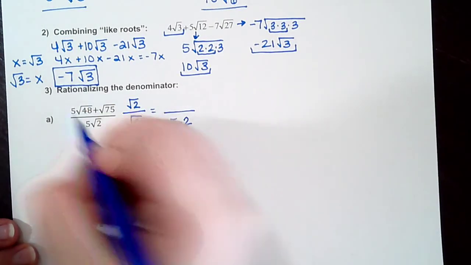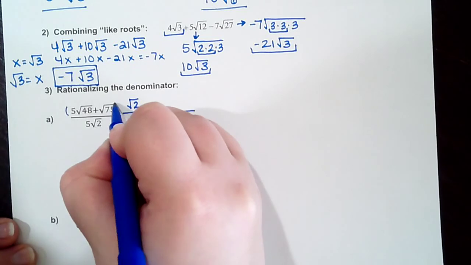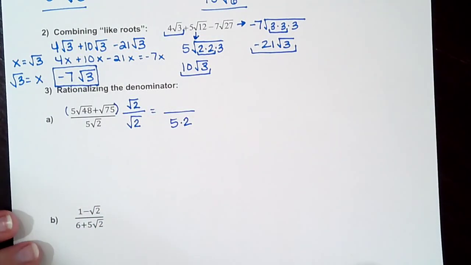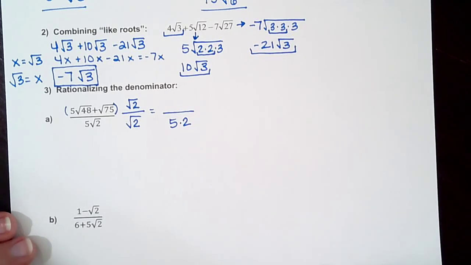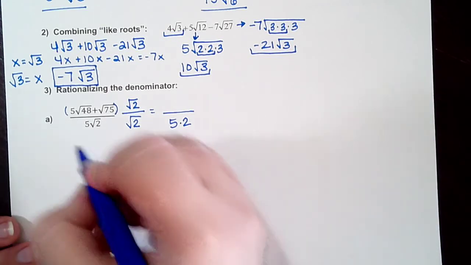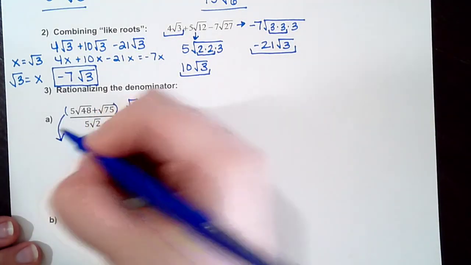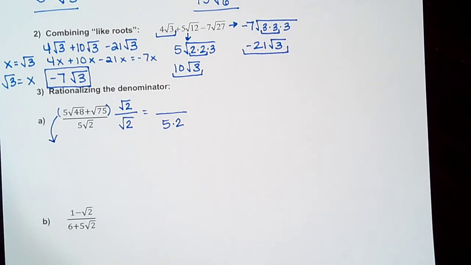On the top, however, it's a little more challenging because I have 2 terms, and you need to multiply that square root of 2 times both those terms. Except those are really big numbers, and before I go ahead and multiply, I'm going to bring those down here and simplify first. Let's see if there's a way to make those smaller.